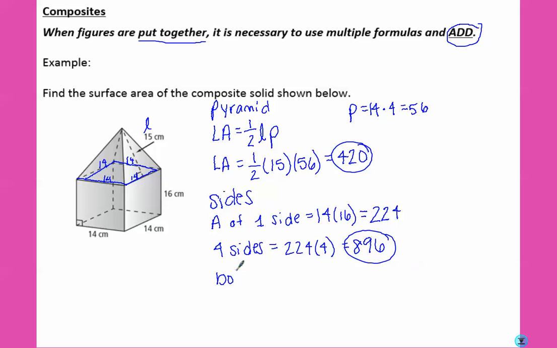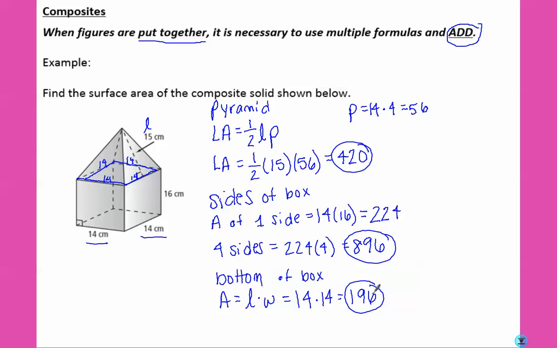Now for the bottom of the box, again, area is length times width, which would be 14 times 14, which is 196.